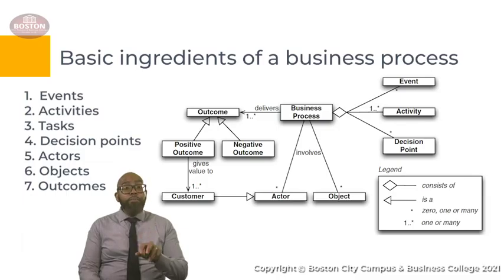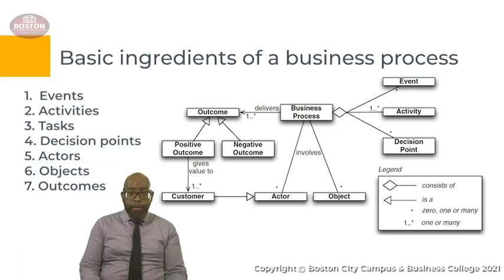Now, we differentiate between physical objects, such as those that you can see, like the equipment and the materials and so on, as well as informational objects, which are typically documents and records that can be stored electronically. Say, for example, the electronic invoice. Again, looking at the diagram, we can see that a business process involves a number of actors and objects.